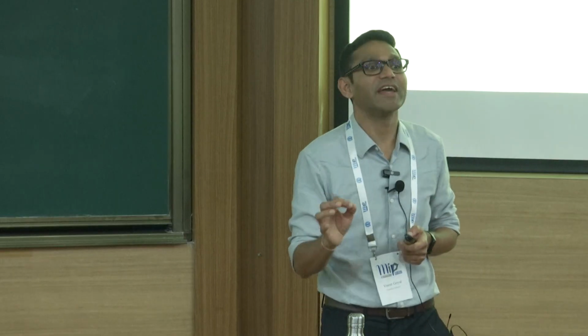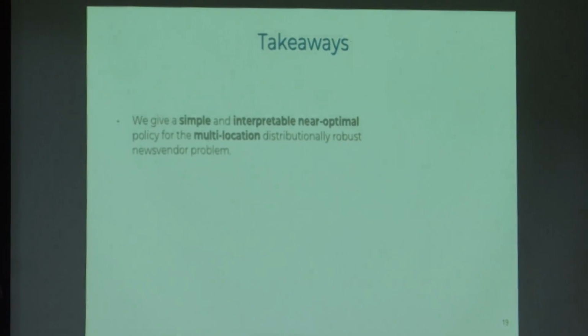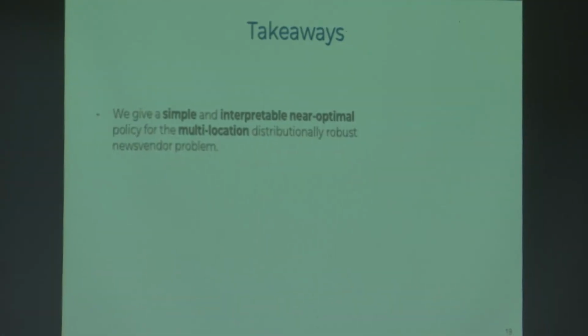So let me conclude. Here we were looking at a very fundamental generalization or variant of this very classical problem, and we were able to construct a policy which has this nice structure, carries some of the simplicity, intuitiveness and interpretability features of SCARF, with also an intuitive fulfillment policy with provable guarantees.